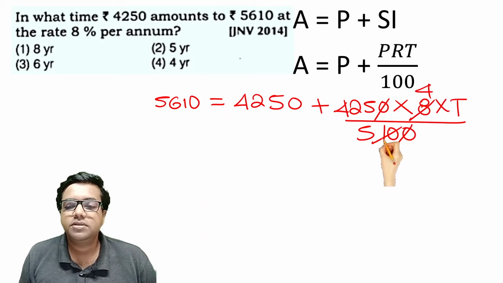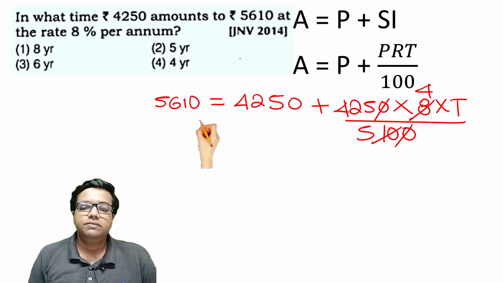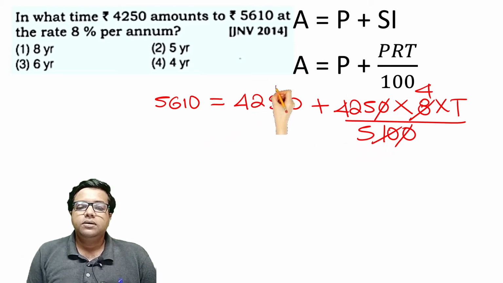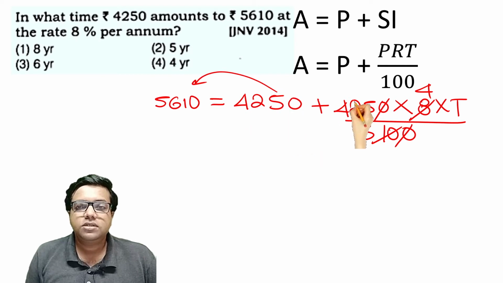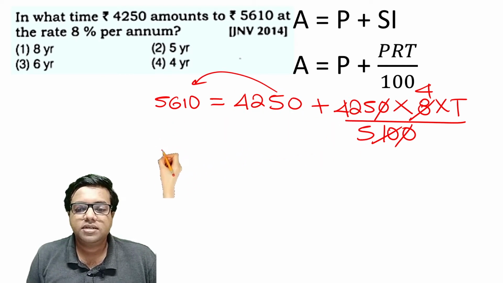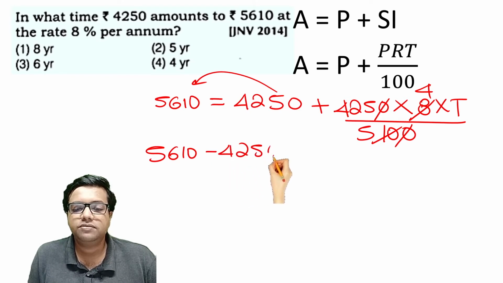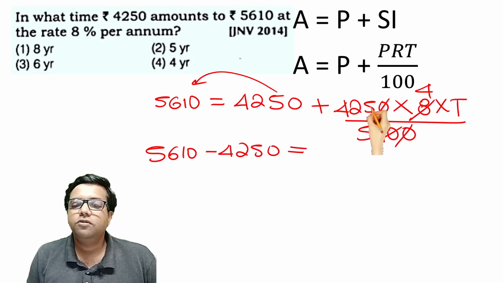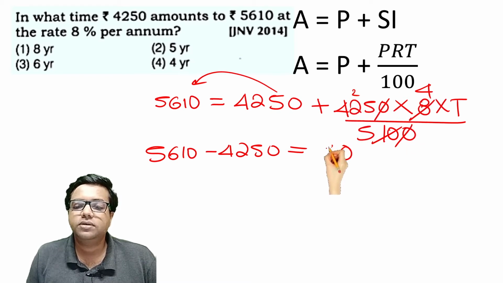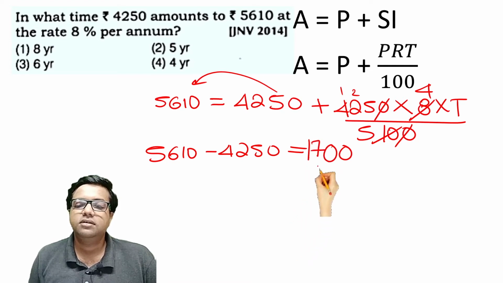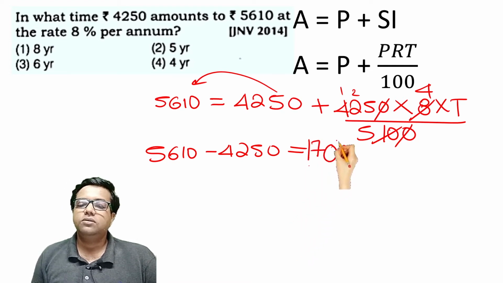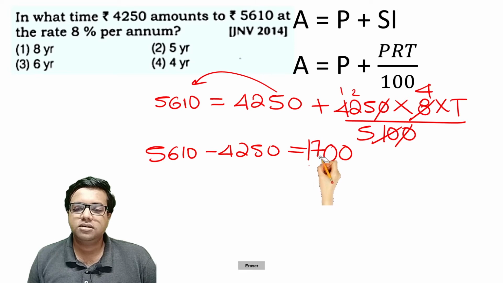So what happens now? We will take over this 4250 with a negative sign to the left hand side. 5610 minus 4250 is equal to 4 into 5 is 20, 2 carry over, 4 2s are 8 plus 2 is 10, 1 carry over, 4 4s are 16 plus 1 is 17.